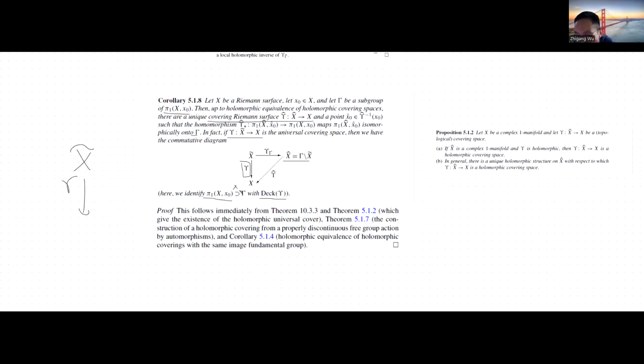Then we have the commutative diagram. Suppose that this is a universal covering space with the holomorphic structure. There is a unique covering Riemann surface for the subgroup Gamma at a point.